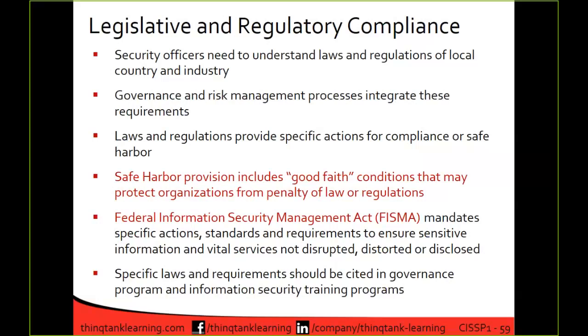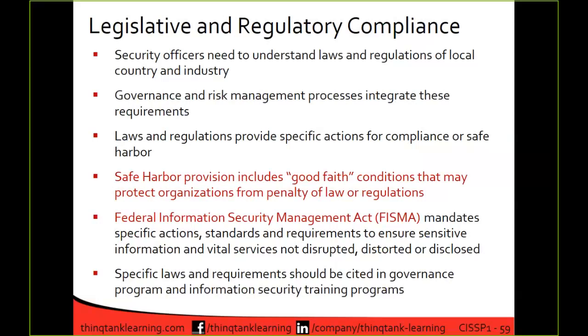So as a security professional, it may be your responsibility to understand what those laws and regulations are, or at least consult with legal counsel or your staff to identify them, because that's going to ultimately drive your policy.